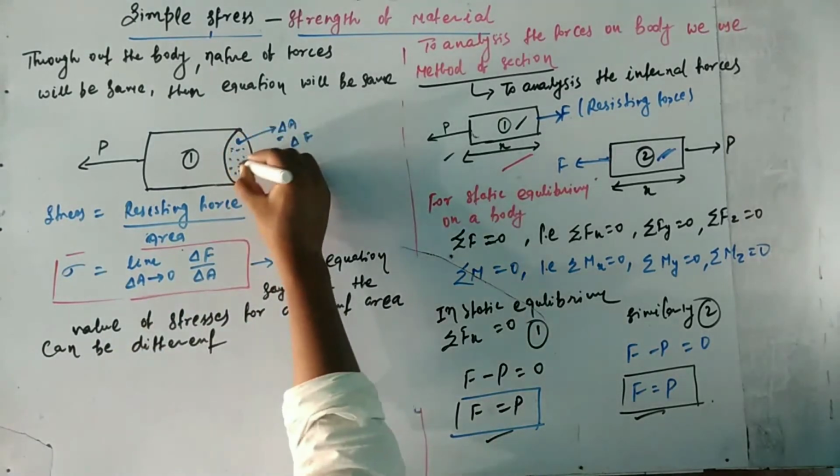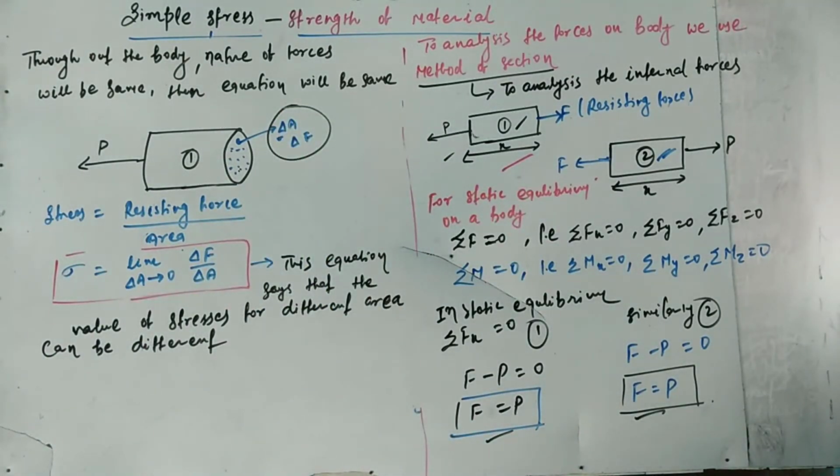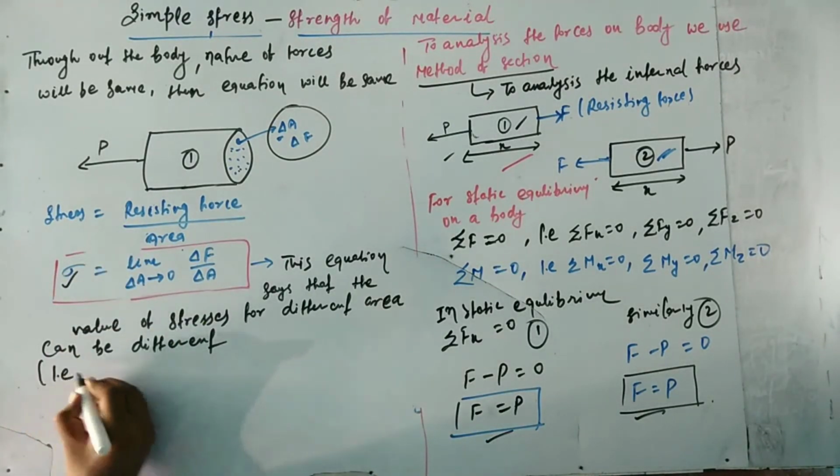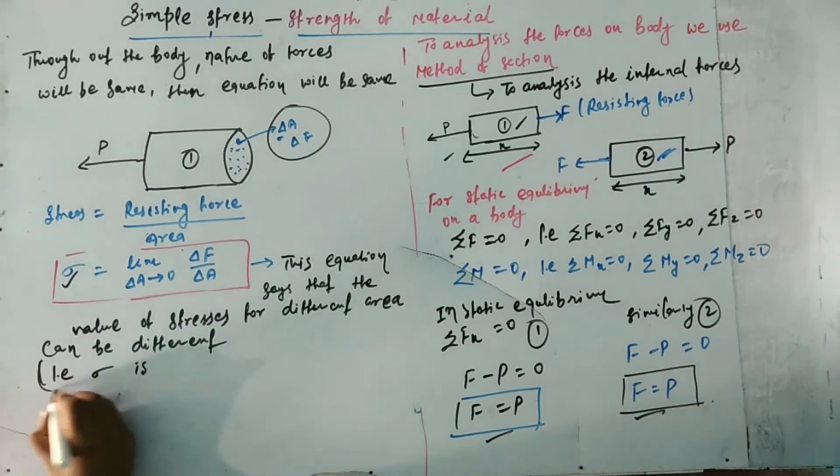That is, sigma is not constant throughout the cross section.